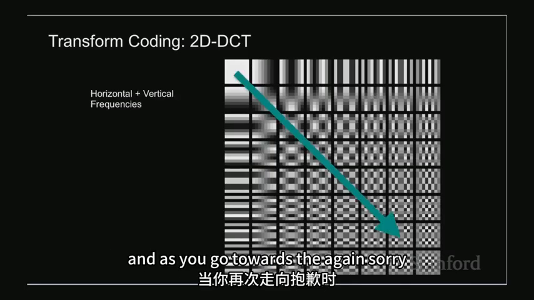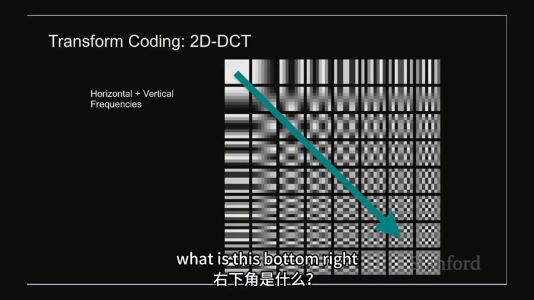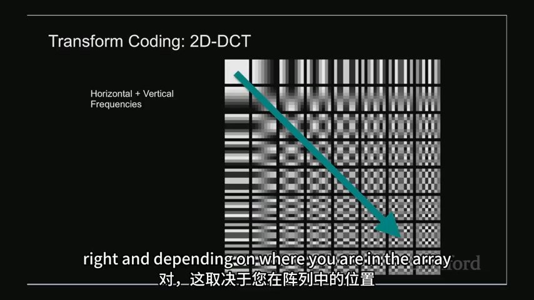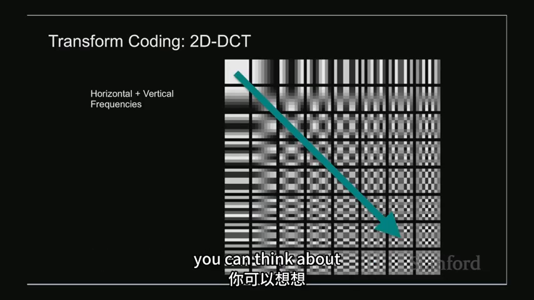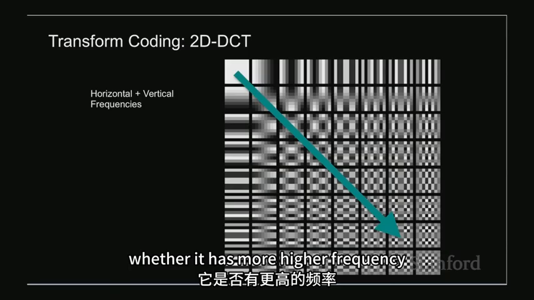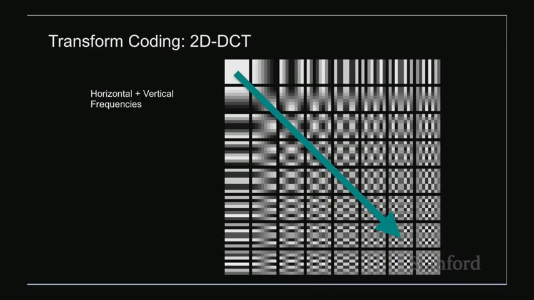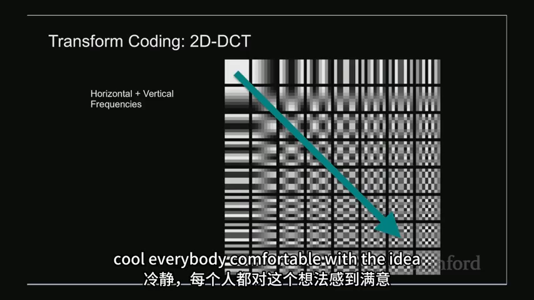And as you go towards the bottom right, you're basically mixing. Depending on where you are in the array, you can think about whether it has more higher frequency component along the x or higher frequency component along the y. Cool? Everybody comfortable with the idea?